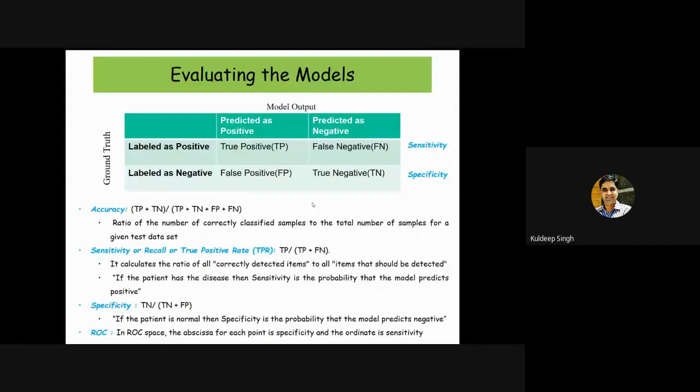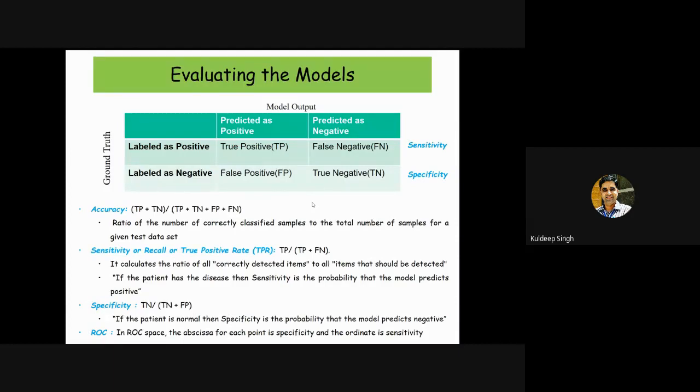Based on these four parameters, true positive, false negative, false positive, and true negative, we define certain parameters like sensitivity, or recall, that talks about correctly detected items. It is basically the ratio of correctly detected items to all items that should be detected.